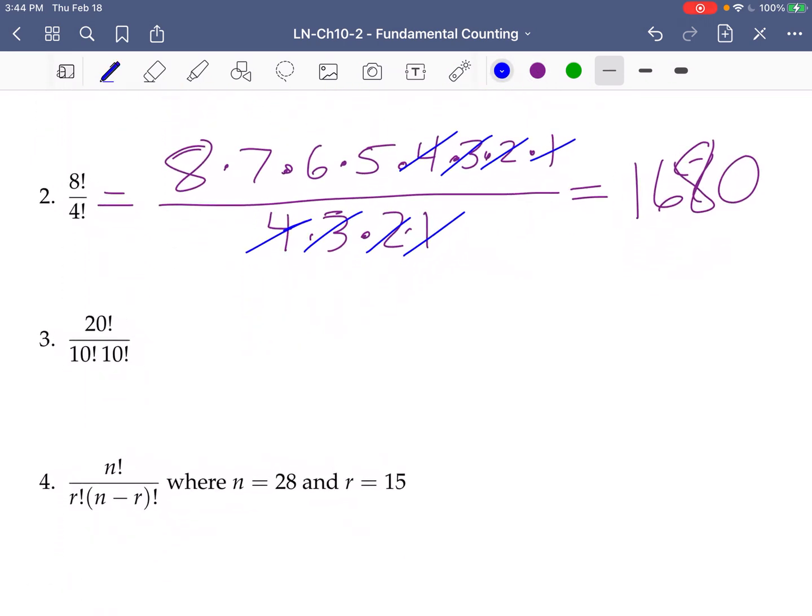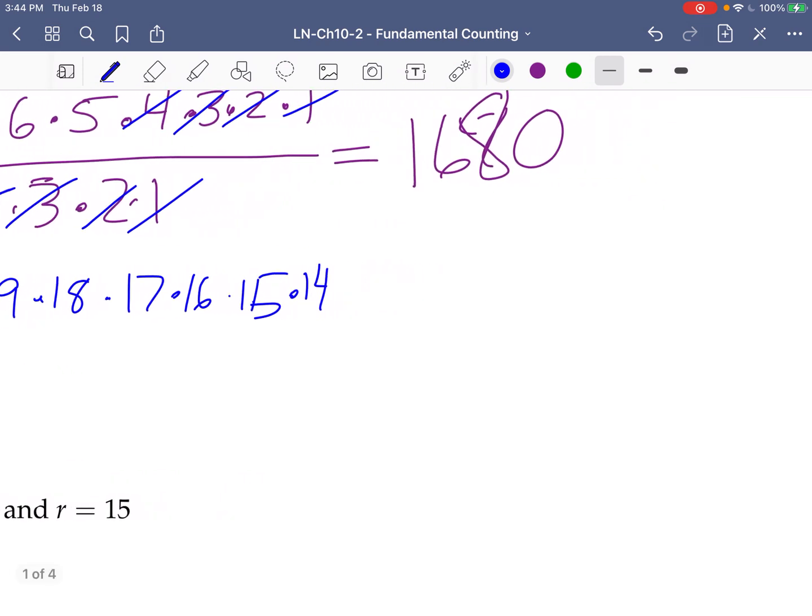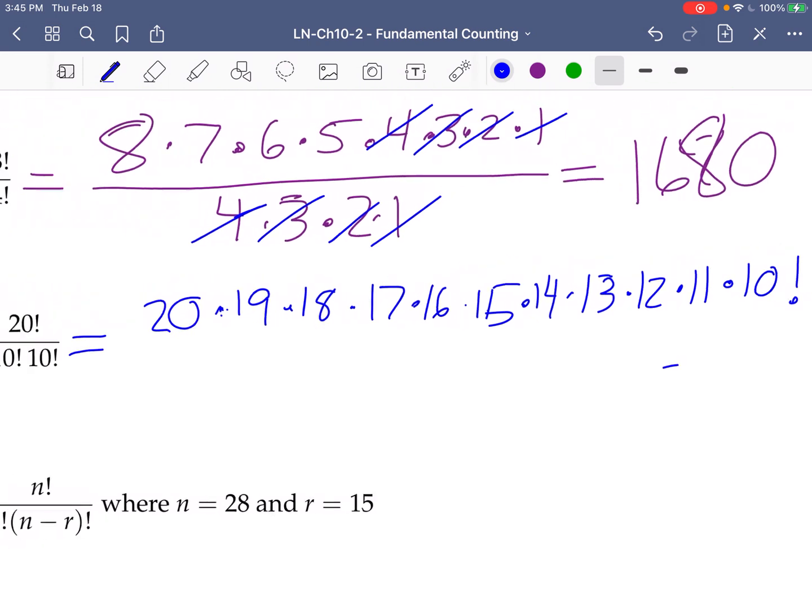If we go through the same general process with 20 factorial divided by 10 factorial times 10 factorial, 20 factorial is 20 times 19 times 18 times 17 times 16 times 15 times 14, 13, 12, 11, and then 10 all the way to the end is just 10 factorial.